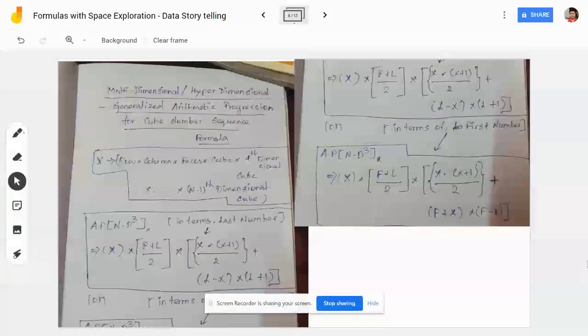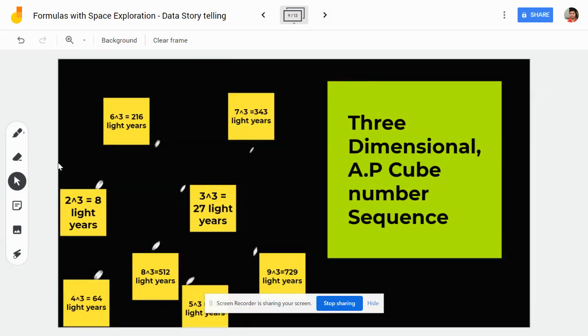Let's deep dive into our space-related concept. Let's assume this 2 cube, 8 light years away from the star. The first star is located in the three-dimensional space, and the last star located in this three-dimensional space is 9 cube, that is 729 light years far away.